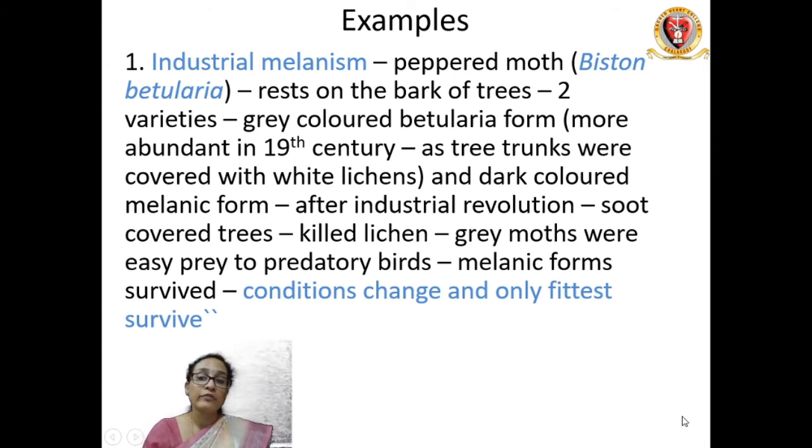Whereas there were other forms, the dark-colored melanic forms, during this time as well. But the dark-colored melanic forms were at a disadvantage because when they rest on tree trunks covered with lichen, they stood out so much that they were easily eaten by predators.